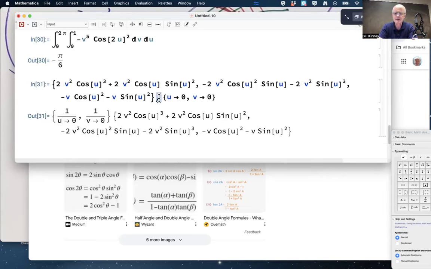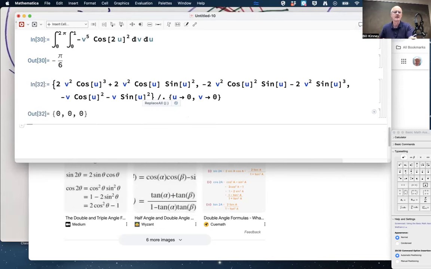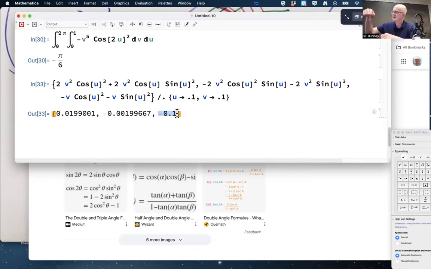Okay, that gives 0, 0, 0, so pick something slightly different, still on the surface. It'll be on the surface no matter what U and V are. Let's pick a point slightly different from 0, 0. Yeah, the Z component is negative. It's going to be pointing downward. So that was my problem.